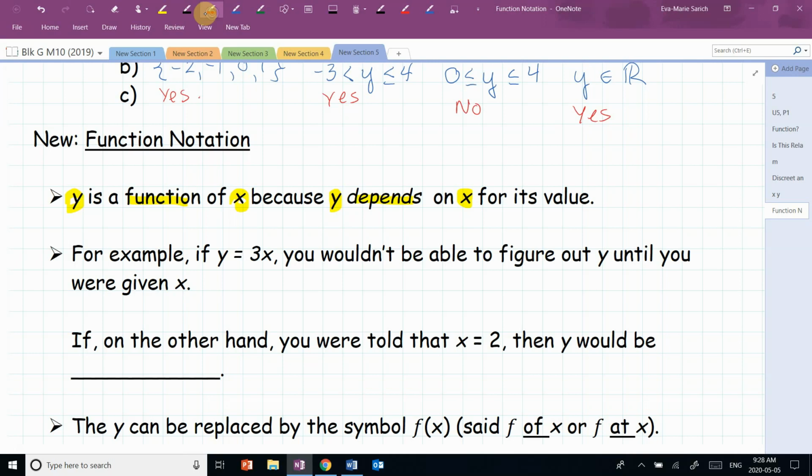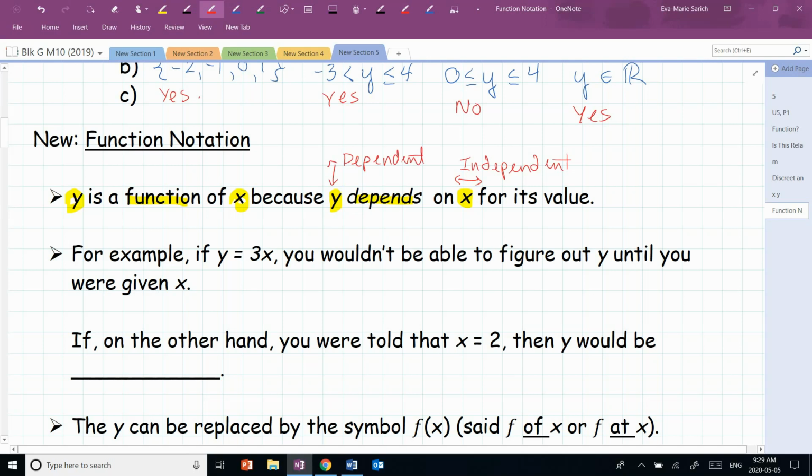Okay, now we talked about this before, that the x-axis goes left and right, and this is the independent variable. And the y goes up and down. This is the dependent variable. So y depends on x, so y is a function of x.